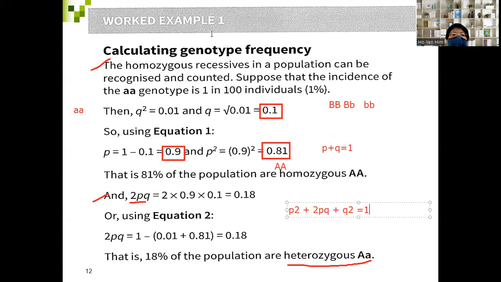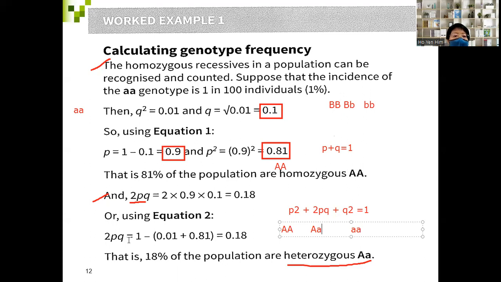So if P square represents the frequency of homozygous dominant and Q square represents the frequency of homozygous recessive, then 2PQ must represent the frequency of heterozygous, because when all the proportions add up, they give you 100% or 1. So what is the frequency of heterozygous? It is 2PQ.